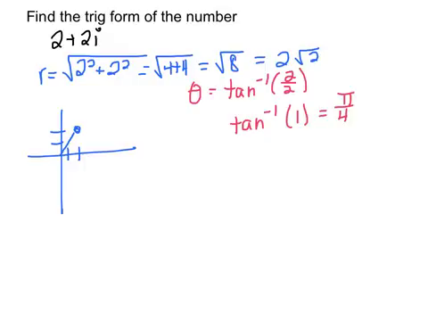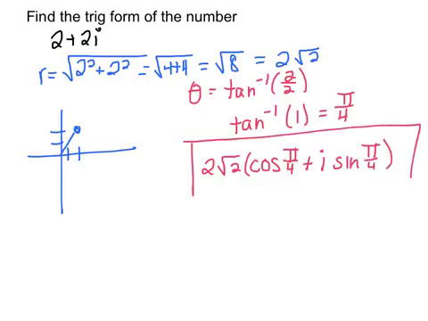All right, so to find the trig form of the number, it's going to be 2 radical 2 cosine of pi over 4 plus i sine of pi over 4. There's my solution.